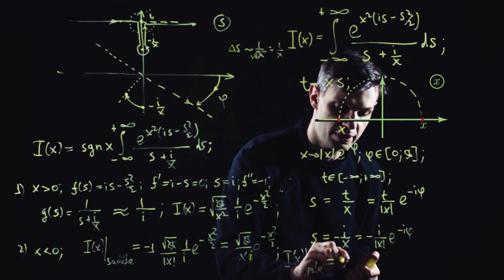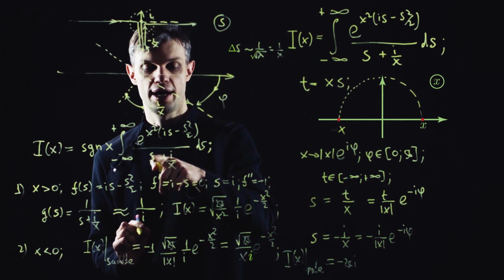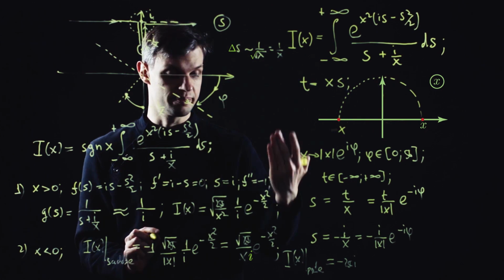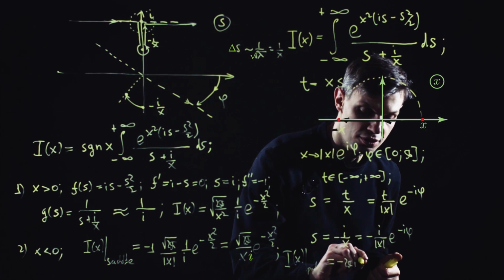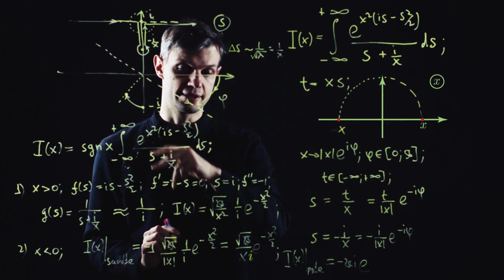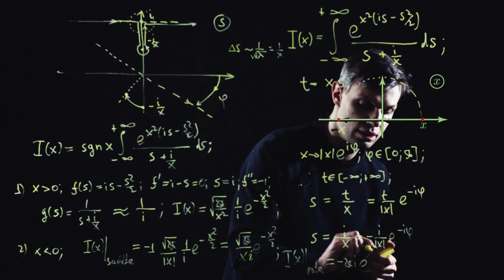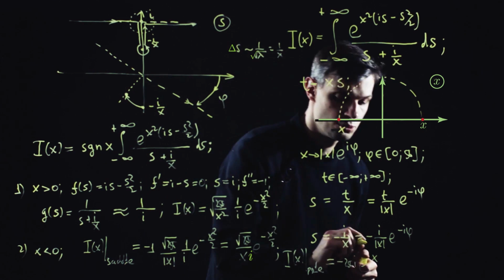So it's not 2 pi I, but minus 2 pi I. And here we go. So s is equal to minus I over x. We just compute the residue. And as before, we arrive at the expected expression. It's x plus 1/2.